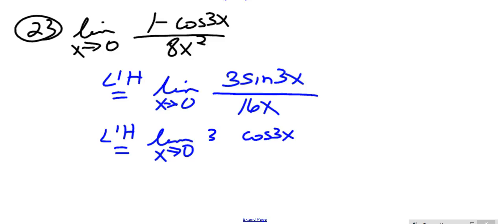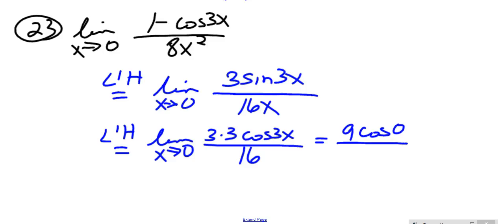But I've got 3 that was there from the original, and then taking the chain rule again, times 3. And the derivative of the denominator is now 16. So I now can do direct substitution, which would be 9 times cosine of 0 over 16. Cosine of 0 is 1, so I have 9/16 as my answer.